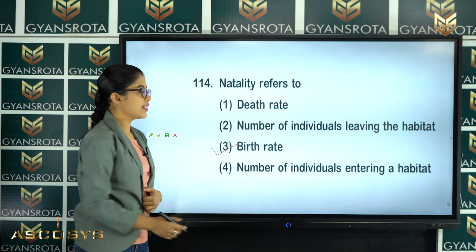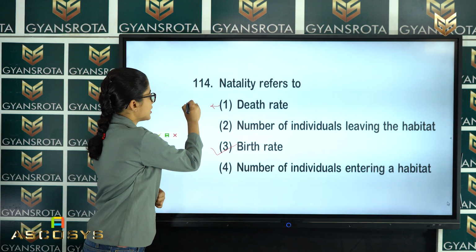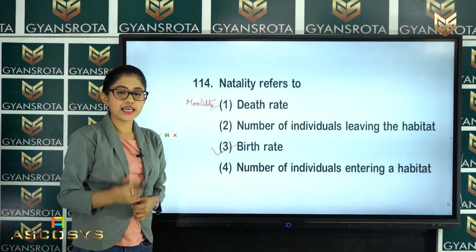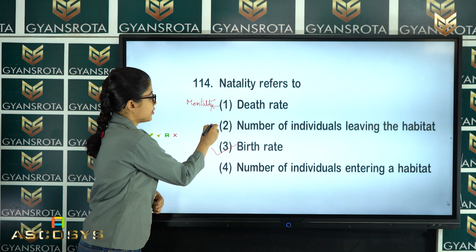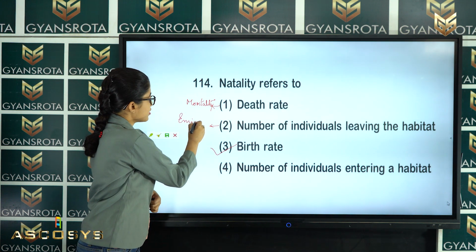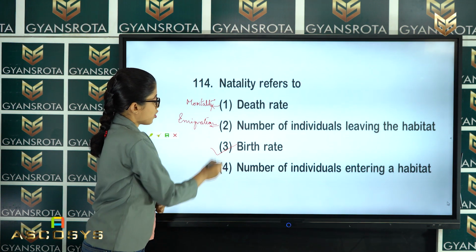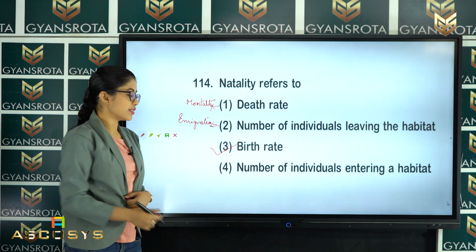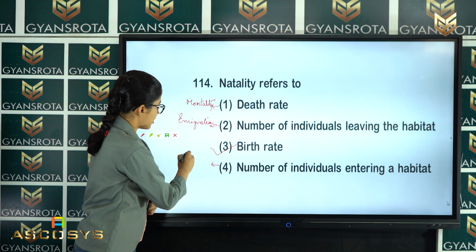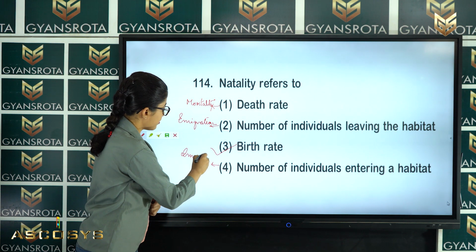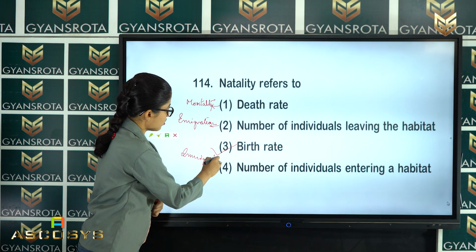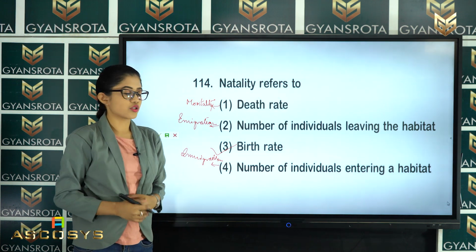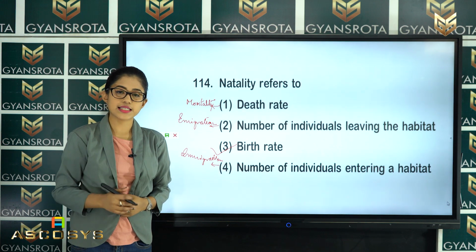Whereas the death rate means the mortality, then the number of individuals leaving the habitat will be emigration, and option number 4, the number of individuals entering a habitat, is the immigration. So natality refers to what? It refers to the birth rate. So option number 3 is the correct answer for this question.